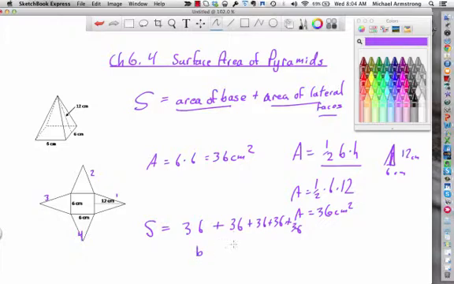This is the base, and this is a lateral face, a lateral face, a lateral face, and a lateral face. Really, it's just 36 times 5 for the surface area. And we'll figure out what that is pretty quick on the calculator. 36 times 5 is 180. So the surface area is equal to 180 centimeters squared. Alright, so that's what that looks like.